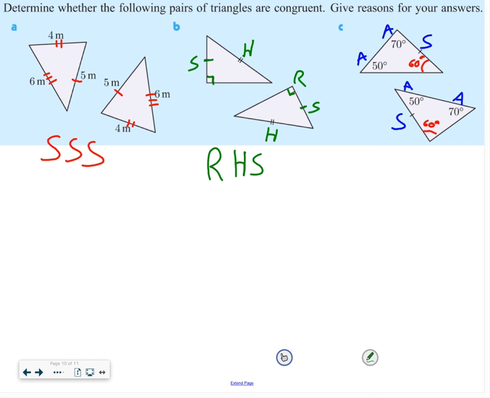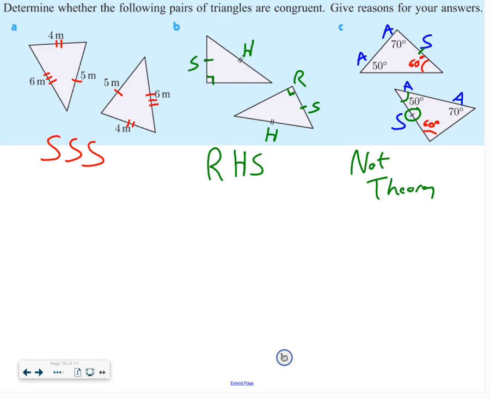But notice the side that we know on this triangle is between 50 and 60 degrees. The triangle over here, the side we know is between 60 and 70 degrees. So these are not congruent triangles because we don't have a theorem that proves those triangles congruent, because their parts aren't the same.